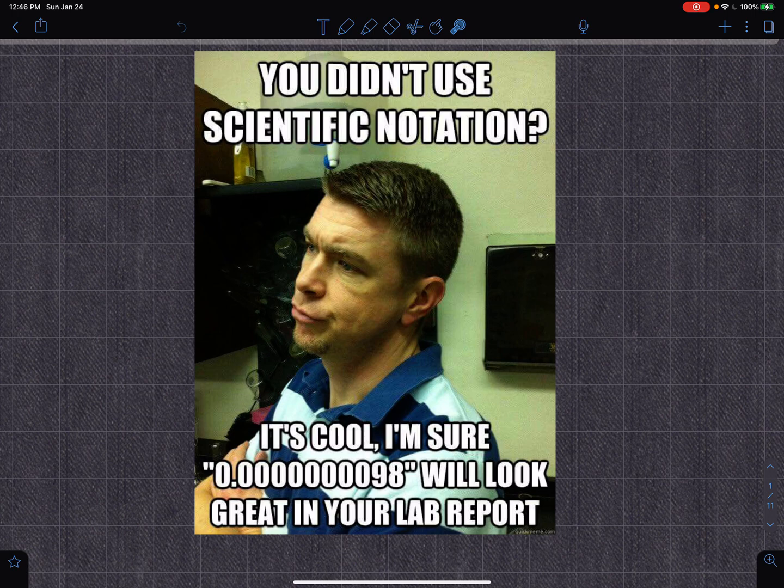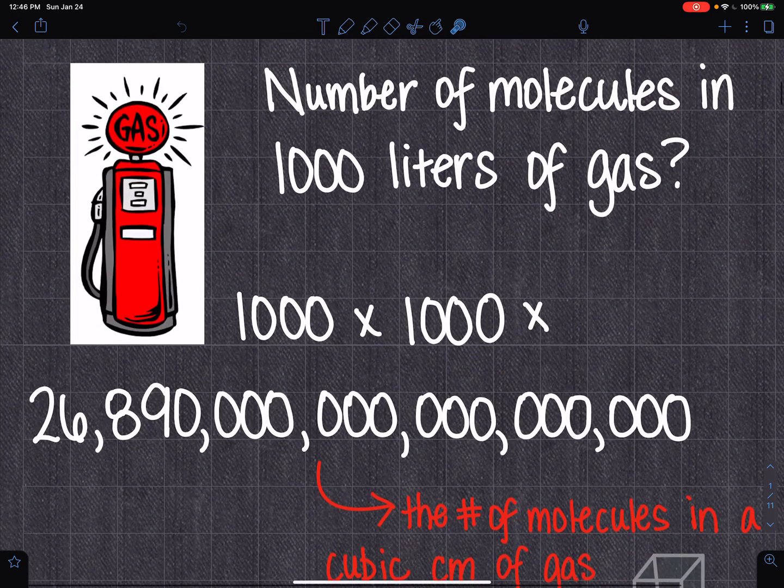But sometimes there are numbers that are actually that small that are relevant, or there might be super ginormous numbers, right? So in the lesson, it talks about sometimes you have to multiply 1,000 times 1,000, like times a really humongous number if you're trying to figure out something like this.